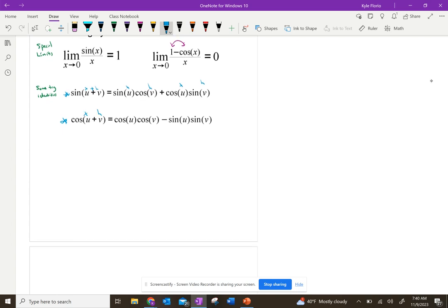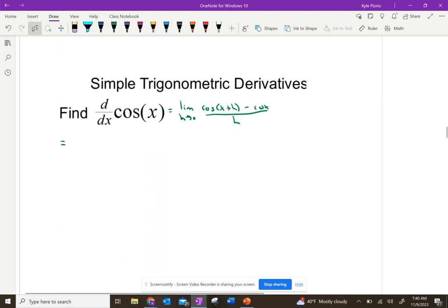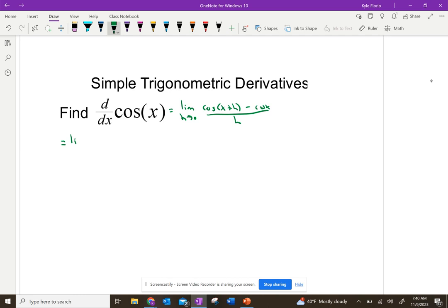It's going to be cosine x cosine h minus sine x sine h. So we get the limit as h approaches 0 of cosine x cosine h minus sine x sine h.